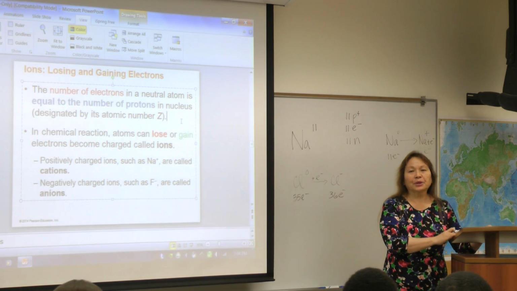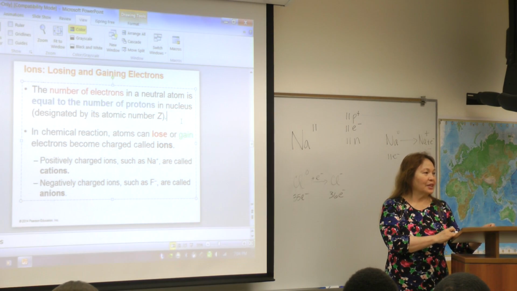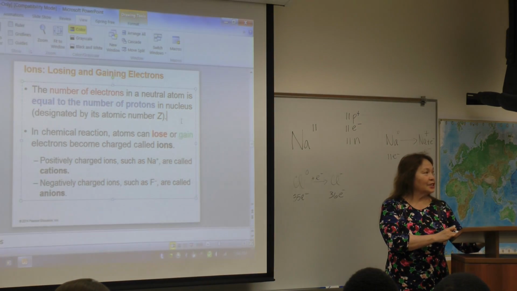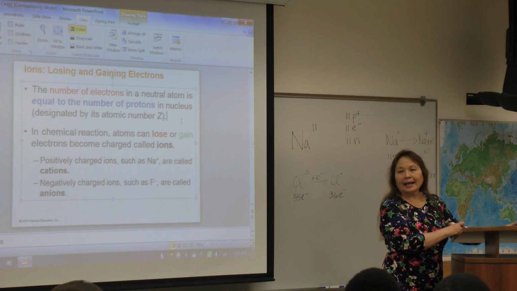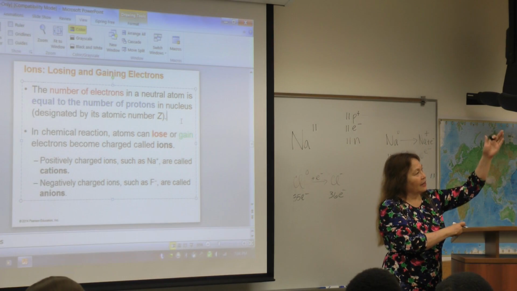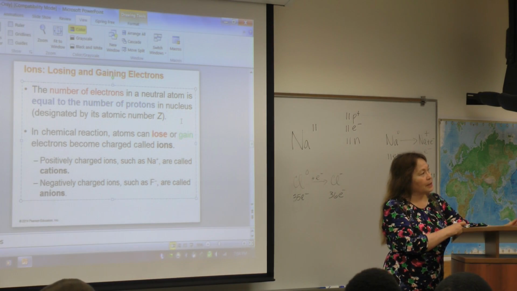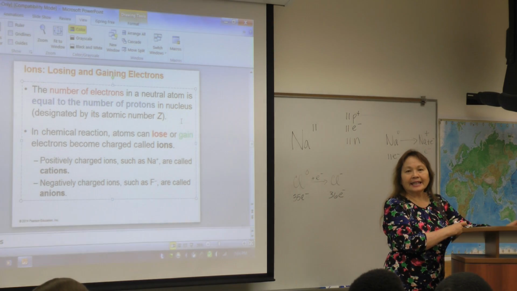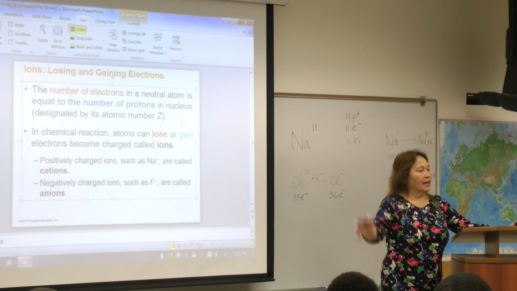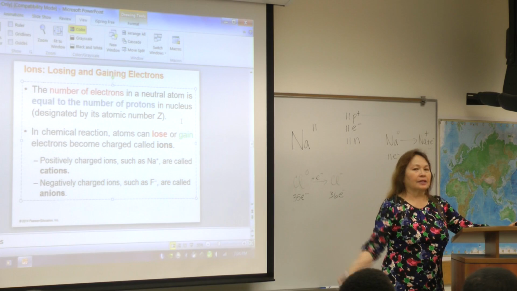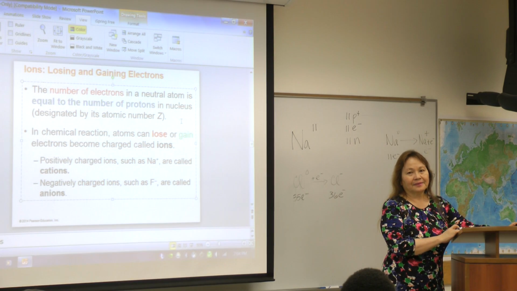But we still call it sodium when it loses an electron, or potassium or calcium. When they are in group 1, they tend to lose 1 electron. When they're in the second column, like Mg and Ca, they tend to lose 2 electrons. We'll find out why, based on the number of electrons on the outside shell. Okay?